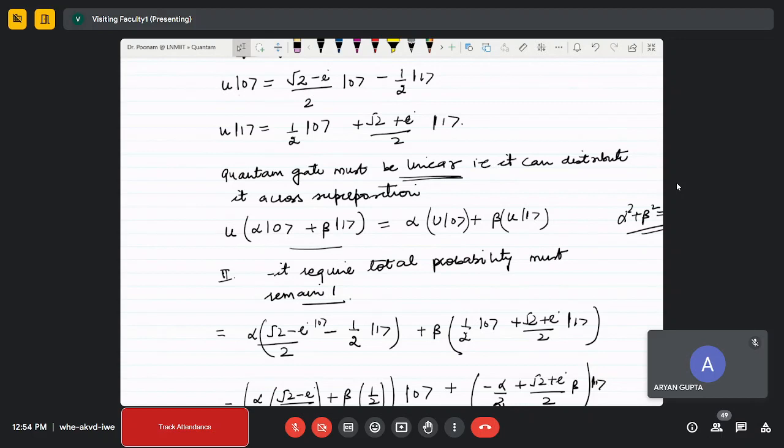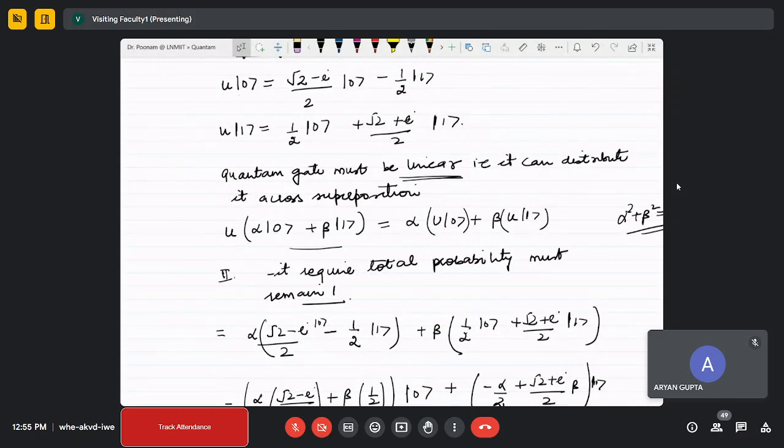And second, the total probability should be 1. That is, whatever is the result of the gate, the result should be a valid quantum bit. Is it clear? In tomorrow's class, I will discuss the different types of gates in quantum. I've given you an idea of what it is.